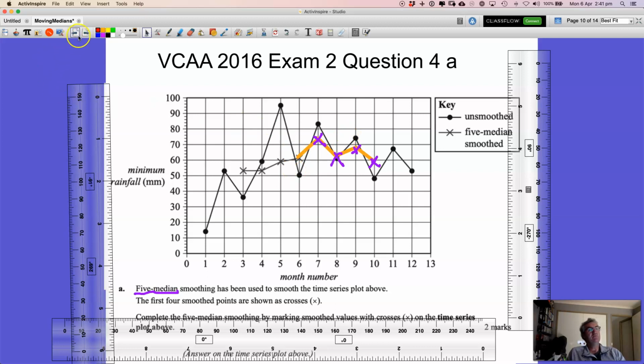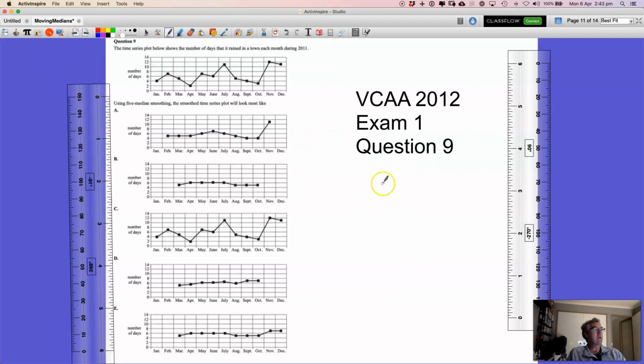Let's have a go at applying 5 medians smoothing to this graph here and try and identify which of these graphs, A, B, C, D or E, are closest. So pause the video now, have a think, and I'll get back to you in 1 second.